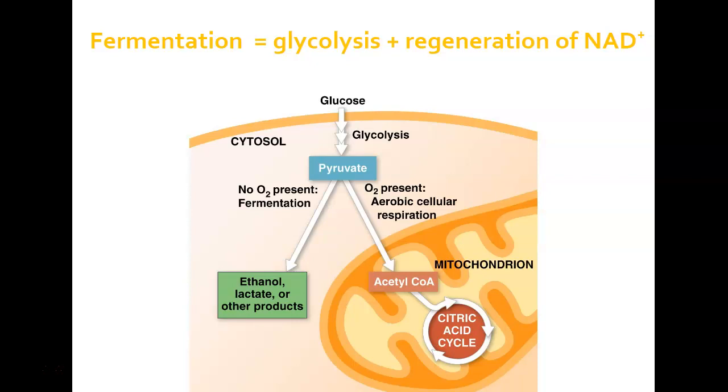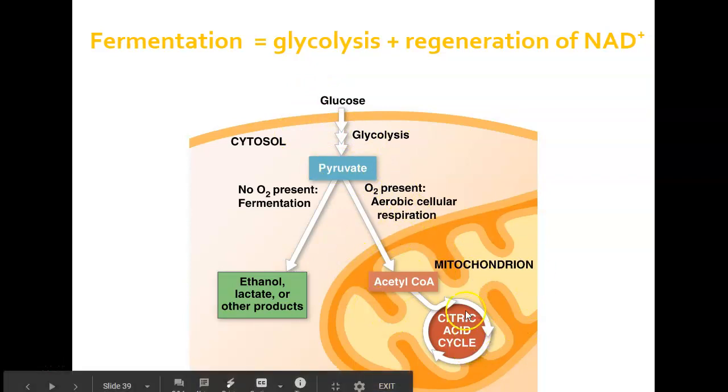So fermentation itself is really glycolysis to generate pyruvate, and then regeneration of NAD+. So we talked about the reduction of NAD+ to NADH, and then it kind of regenerates that process. After glycolysis, if oxygen is present, then magic happens.